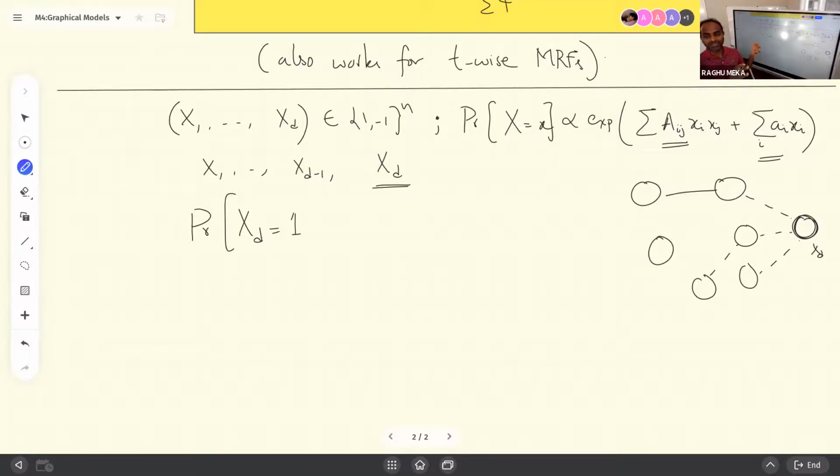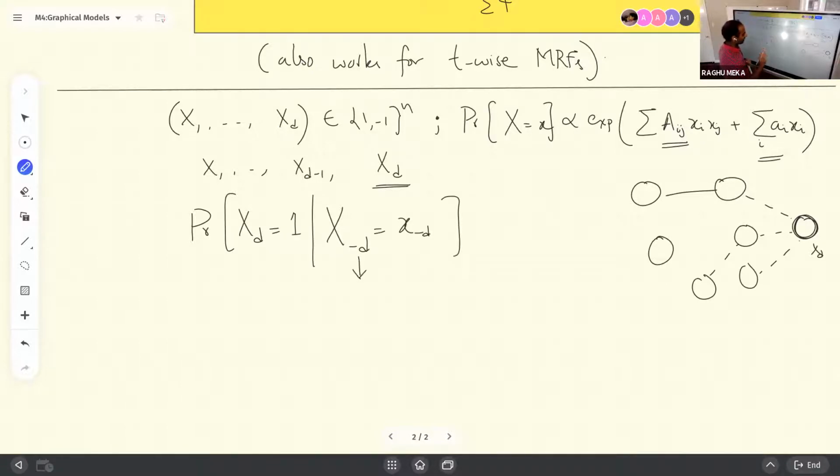I have d features. My whole goal is to study how one feature depends on the others conditionally. So I give you everything but one feature. What can you tell me about this feature? Let me write it this way.